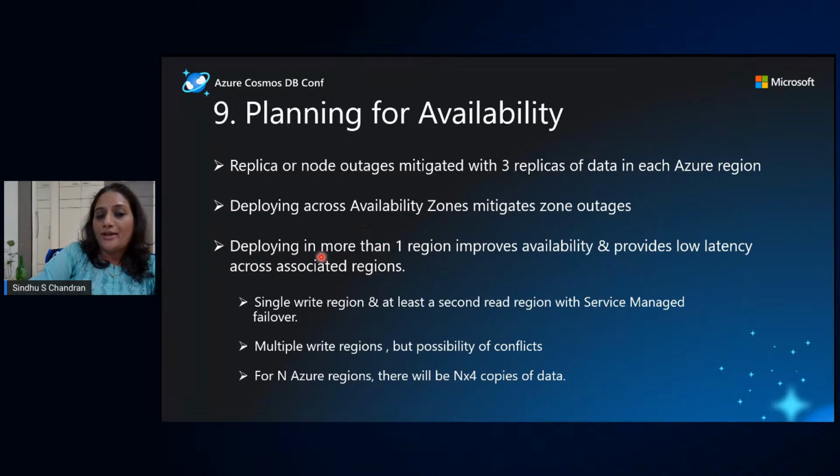And when you deploy more than one region, you can have a highly available application, writing in one region. This is the option that Kirana Q opts for, which is a single write region. So you write to one region, but the read is available from more than one region. This is a good option to provide high availability and low latency.